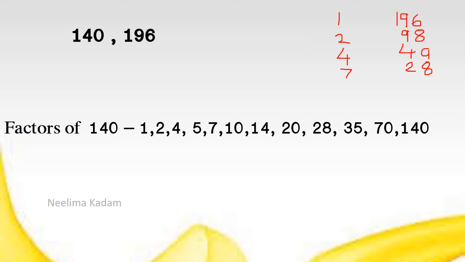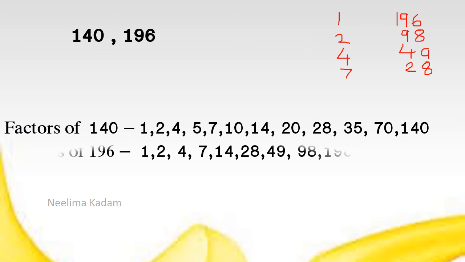Now next. See here 1, 2, 4, 7. Then 28, 49, 98 and 196. And 14 will come. 14 goes into 196. Therefore 14 will be there.